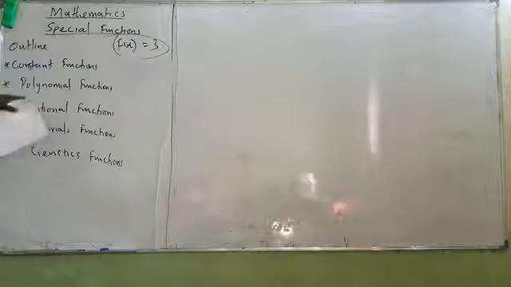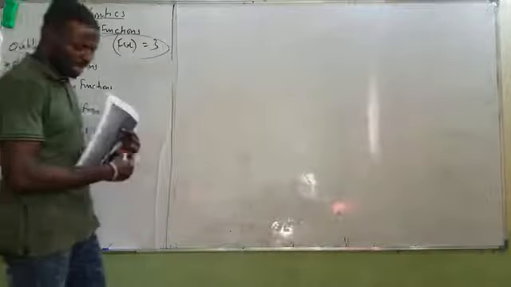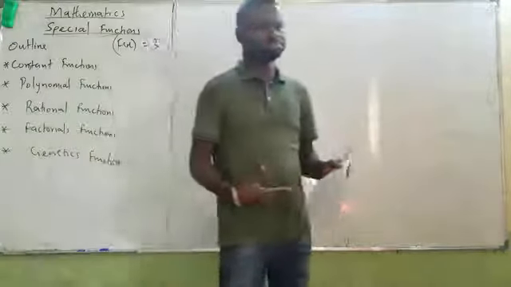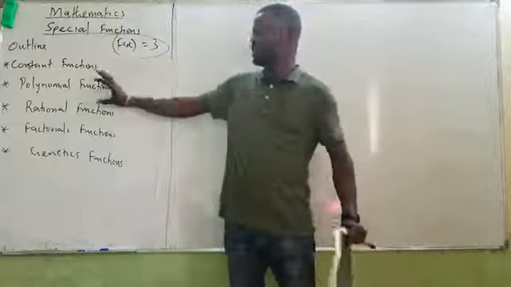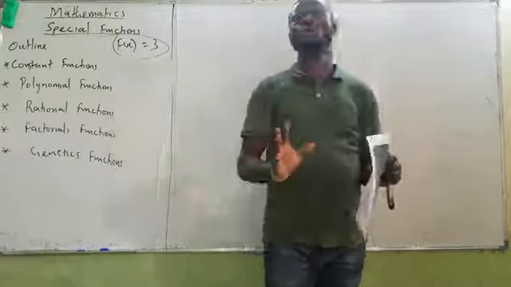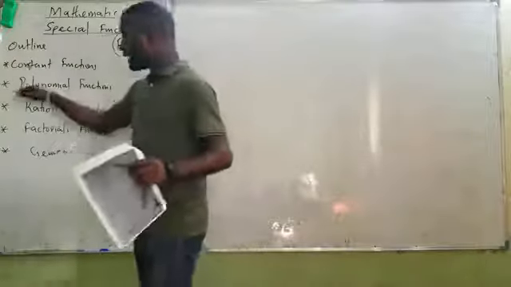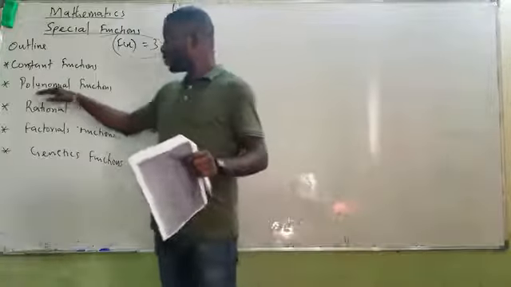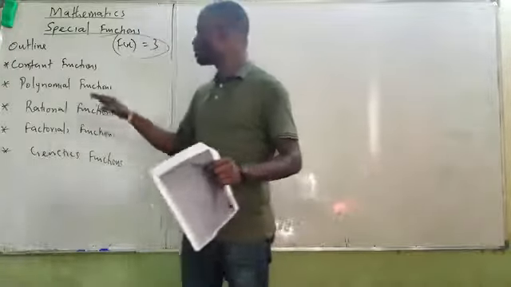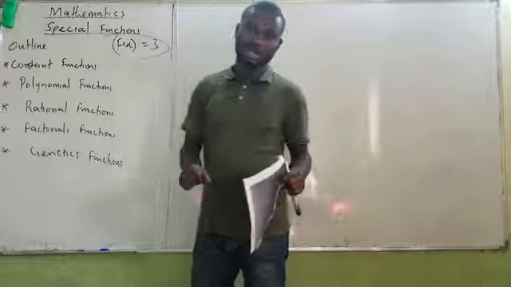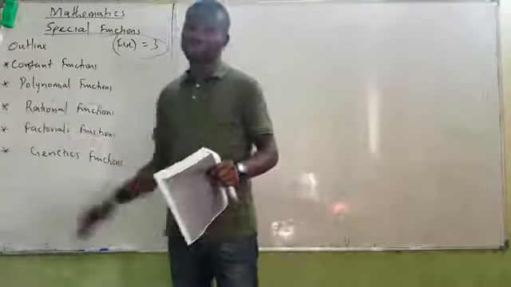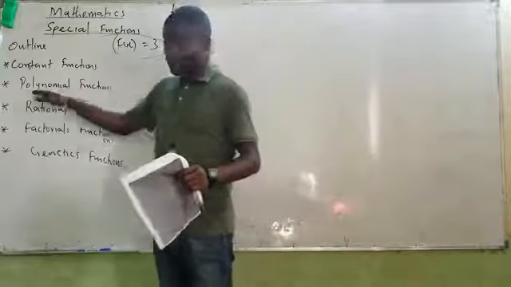And the next one is the polynomial function. I've explained that polynomial is one that covers all the types of equation. It can be a simple function, it can also be a linear function, a quadratic function, or a cubic function.